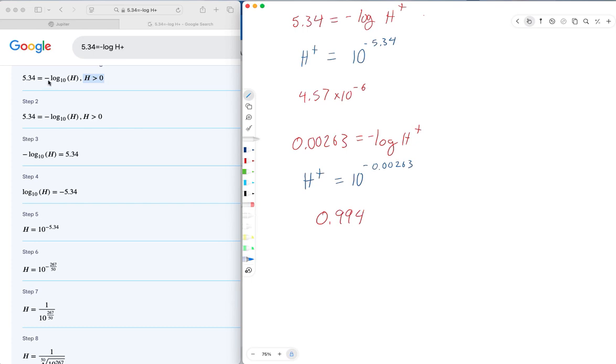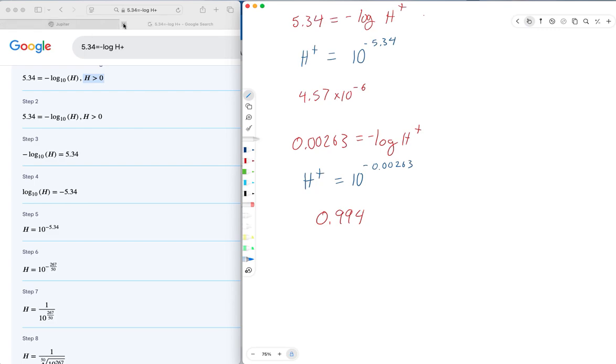When it says log 10, change the sign and make that the exponent on a base of 10, just like we have in step 5. That's what you want to do, and that's what you put in the calculator, and it gives you the right answer.